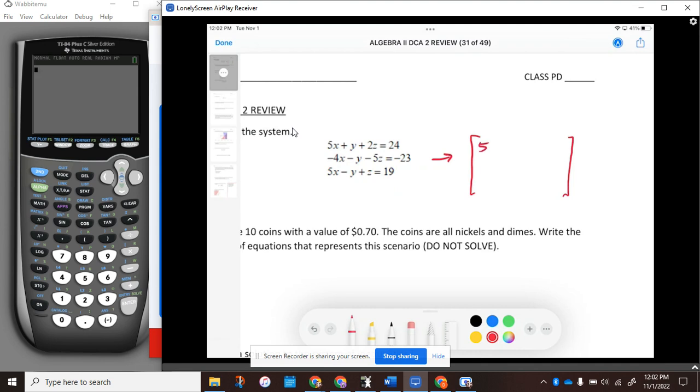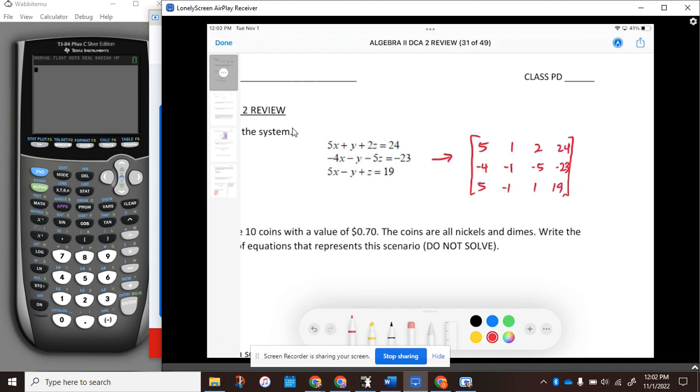We got 5, and then 1, 2, 24. Okay. If we're going across the middle, what are we going to have? -4, -1, -5, -23. And then across the bottom, 5, -1, +1, 19.